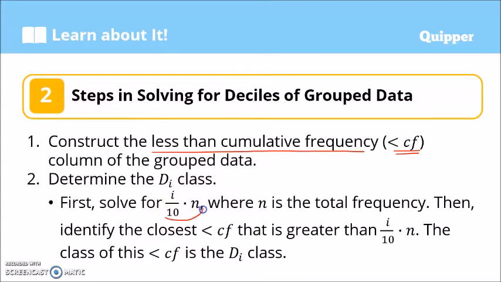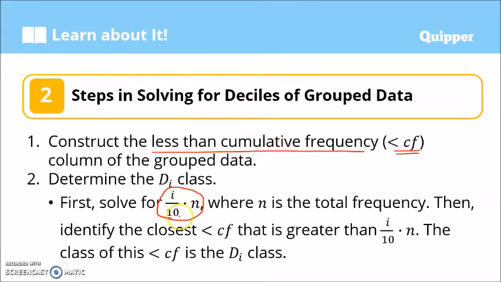And if you have noticed, it's the same process as in the quartile, wherein we also have to determine the Q sub I class. For the quartile, it's I over 4 times N. Now, for decile, it's I over 10 times N. That is the only difference between quartile and decile. In the quartile, the denominator is 4 because it divides the data set into 4 equal parts.